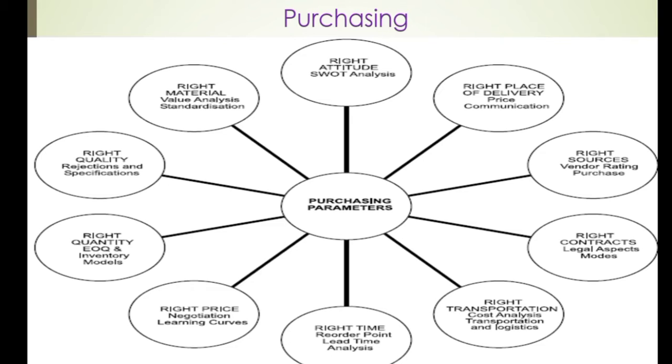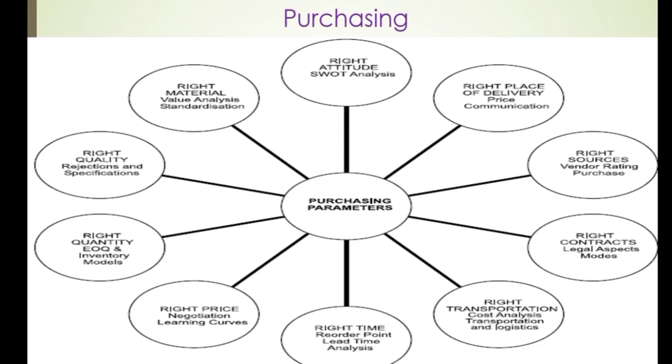Next, right price negotiation: learning curves should be considered while fixing the price level. Then right quantity: economic order quantity and inventory models. Right quality: when you select this particular point, rejections and specification must be considered.